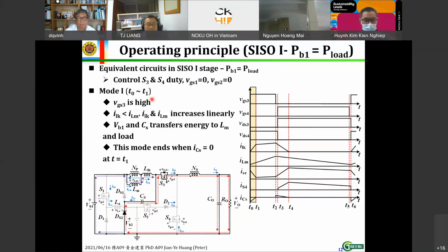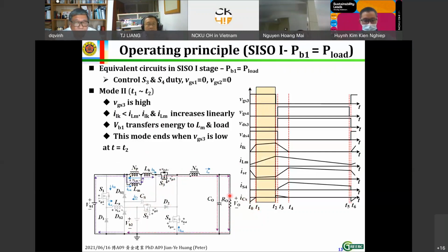In mode 1, from T equal T0 to T1, the switch S3 is on, and at this time ILK, the leakage inductance current, is smaller than ILM, and ILK and ILM increase linearly, so VB1 and CS transfer energy to the LM and load. This mode ends when the ICS, the energy from CS, releases to 0 at T equal to T1.